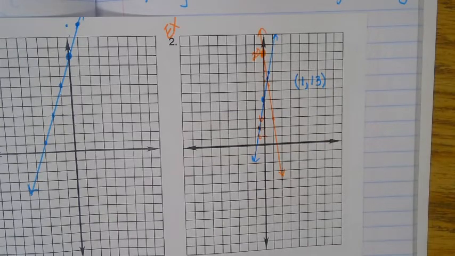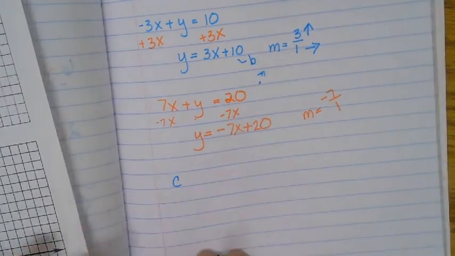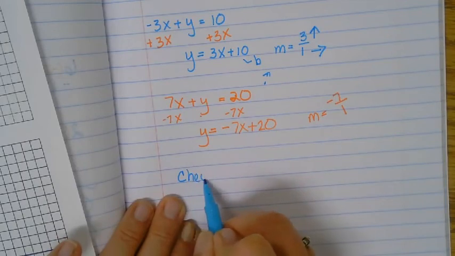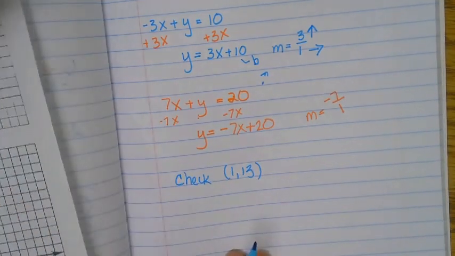So now is where checking this algebraically comes in. Okay? So now we want to check the point 1, 13 algebraically.